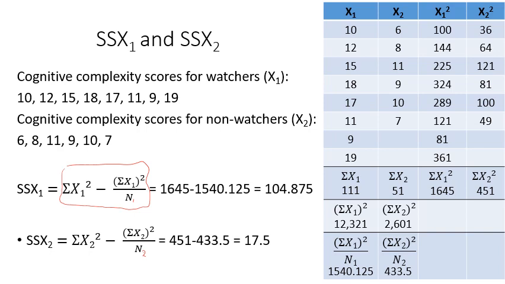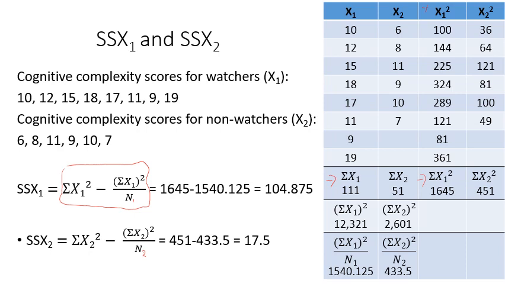I already did all the math here on the right. To get the sum of x1, you just sum the x's. So that's 111. Then you take x1 squared over here and sum that. And that's what you get here. The sum of x squared is 1645.